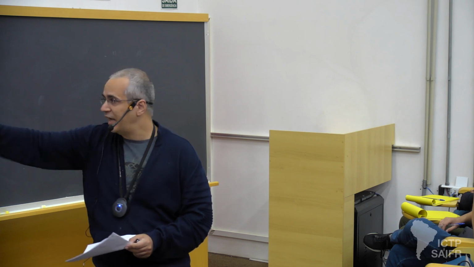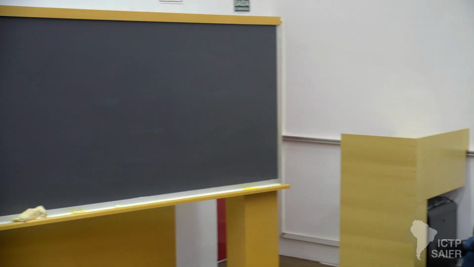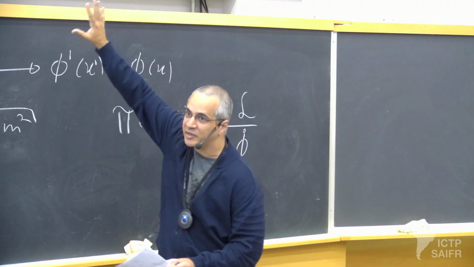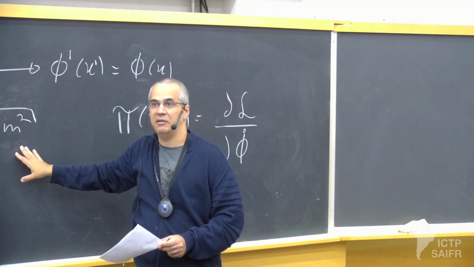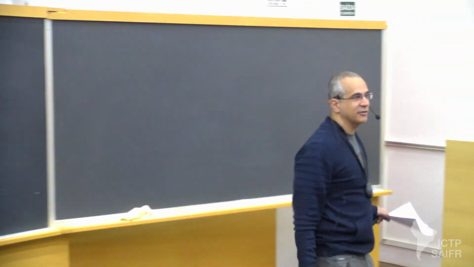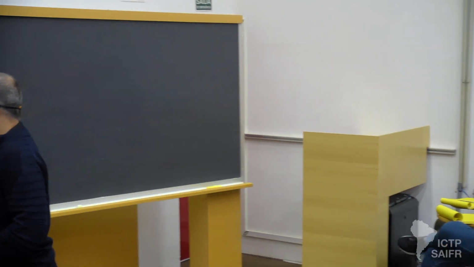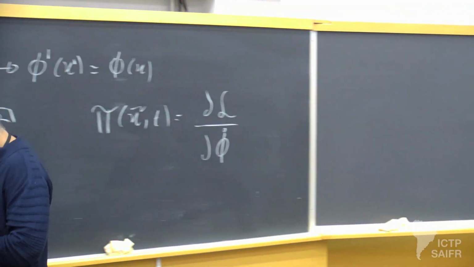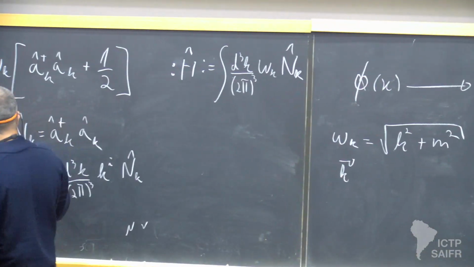That changes when you put in interaction. So this mass is only a mass in this particular Lagrangian. It might get corrections from interactions, from clouds of virtual particles and all that. Mass with an e, right? So keep that in mind.